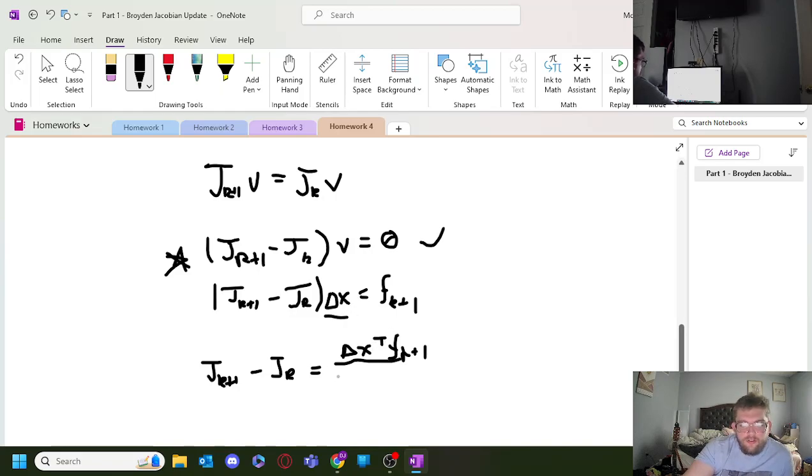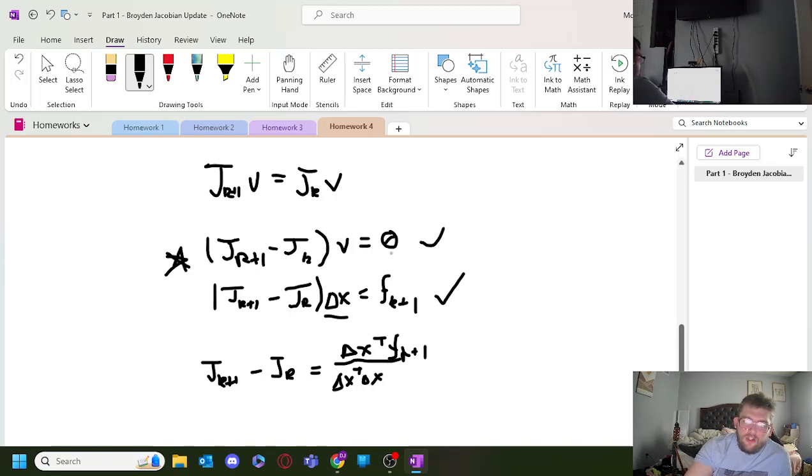So what he did was he prepared for it by adding the delta x transpose delta x at the bottom, in the denominator here. So when that got multiplied in, you got the same term top and bottom, and you mark those off. Now you're just left with f sub k plus 1.